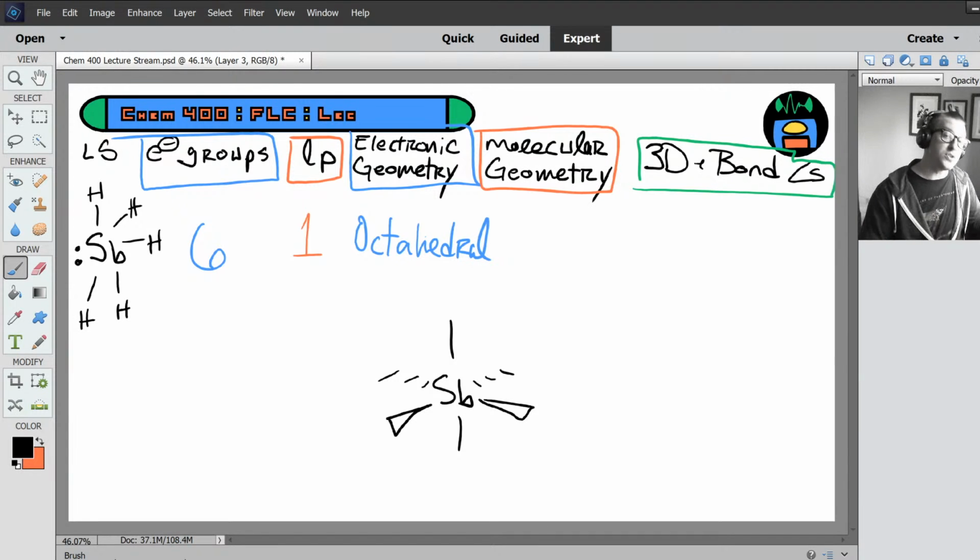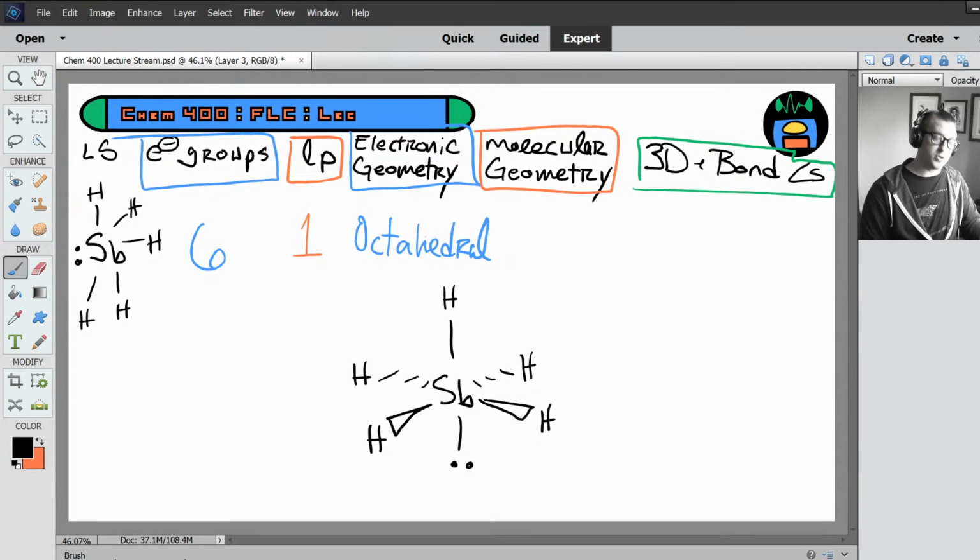At least the first lone pair you can put anywhere. With the trigonal bipyramid, they always went equatorial, but there are no axial or equatorial positions on an octahedron, so your lone pair can go anywhere. I'm going to place mine here, and then you throw your H's everywhere else. All right, now that is the electronic geometry.